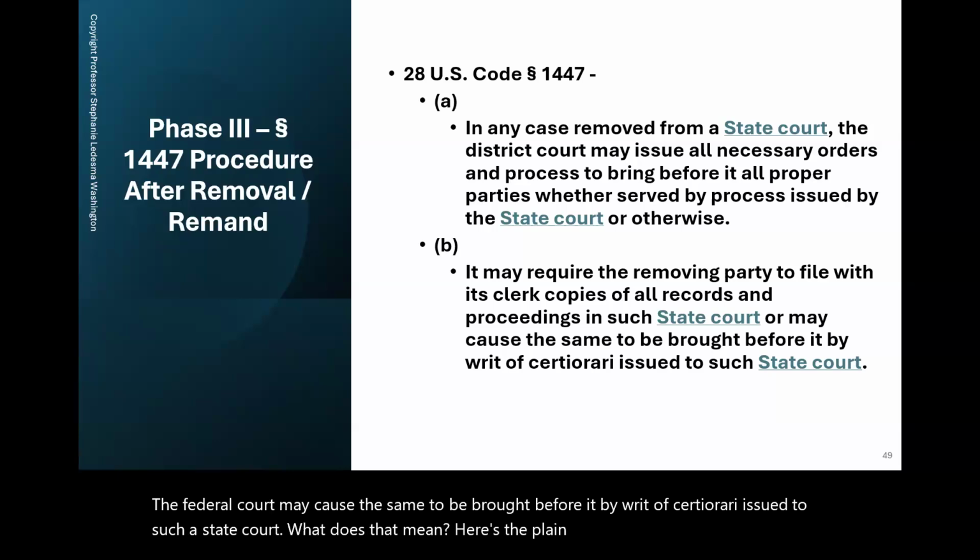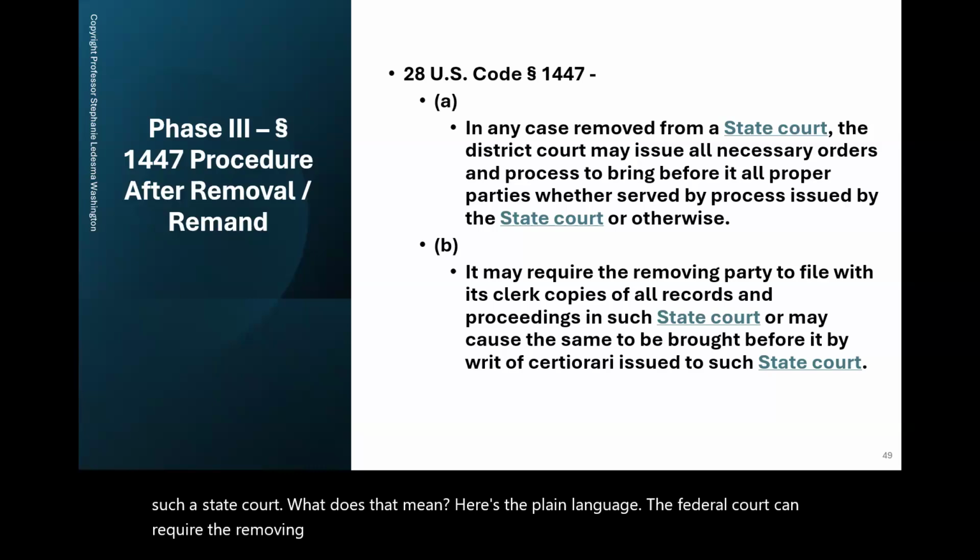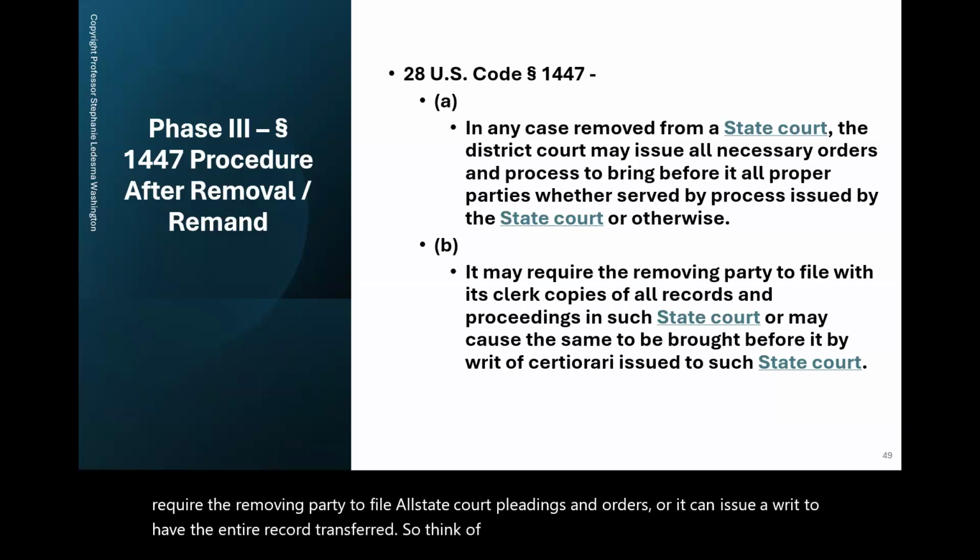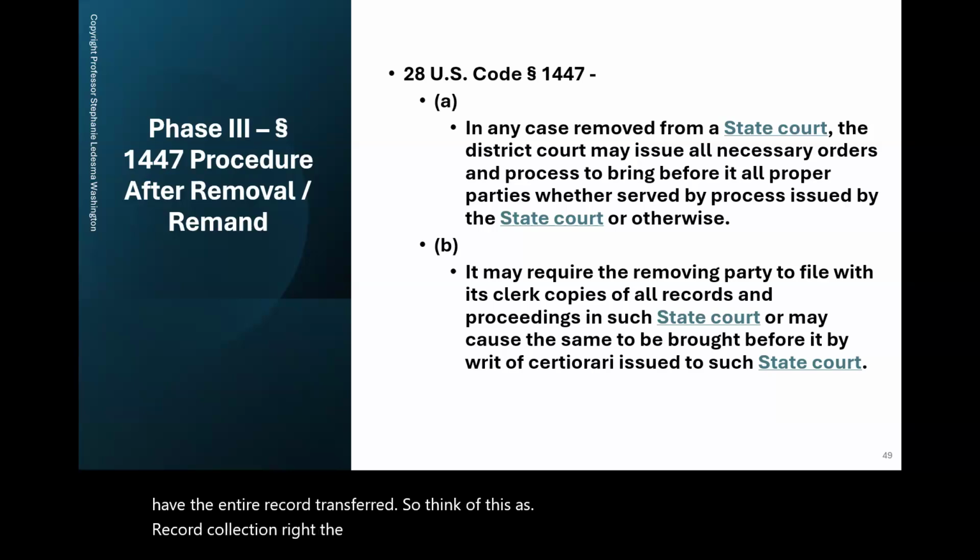The federal court can require the removing party to file all state court pleadings and orders, or it can issue a writ to have the entire record transferred. So think of this as record collection, right? The federal judge has the authority to get the whole file, not just fragments, but the whole case.